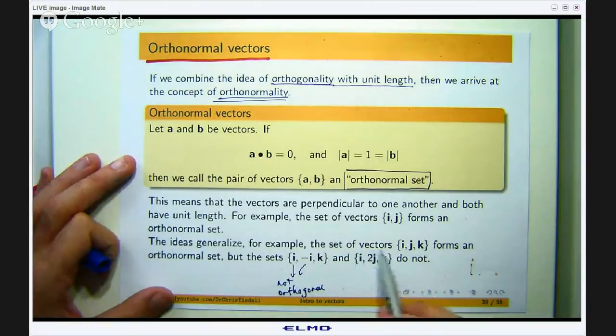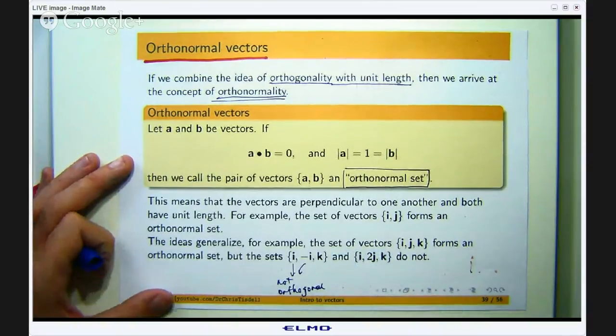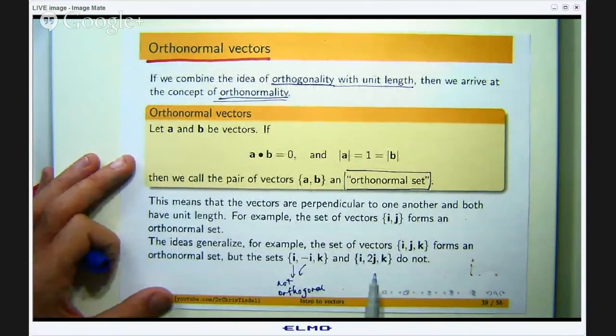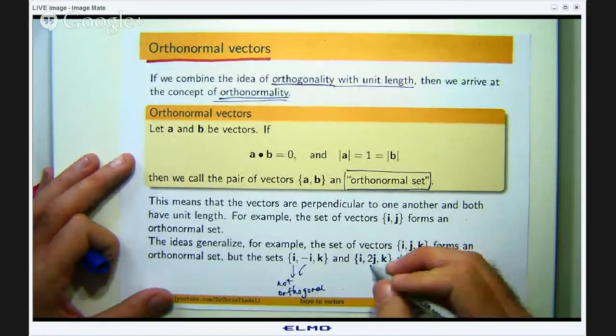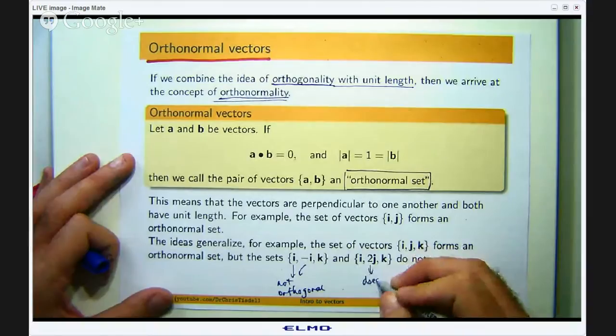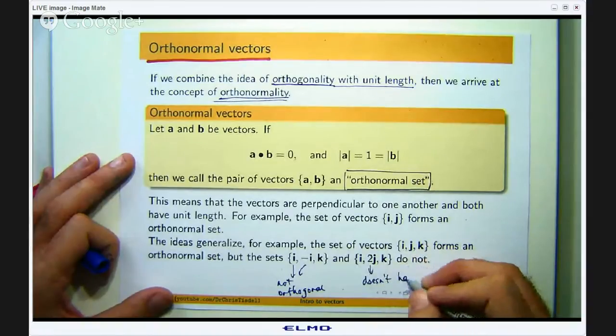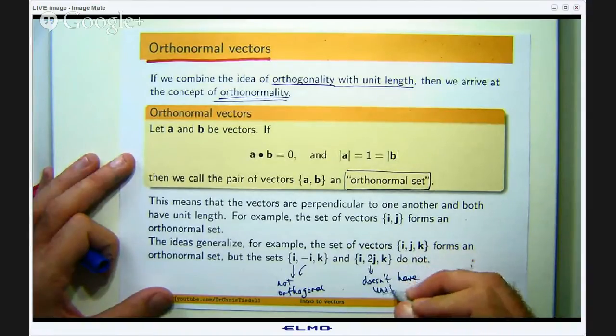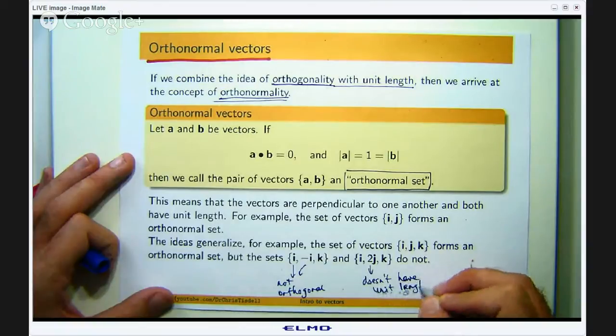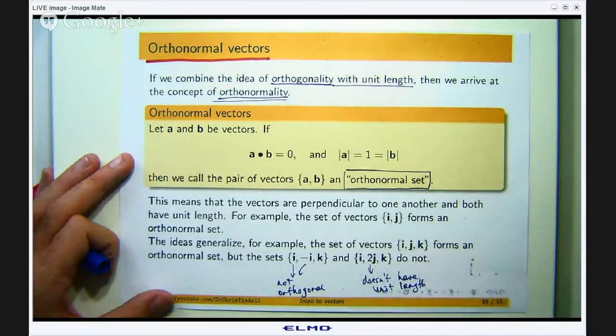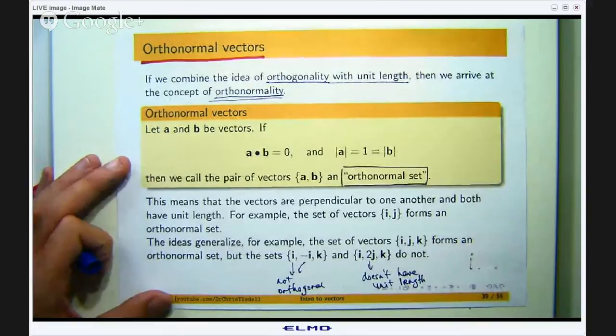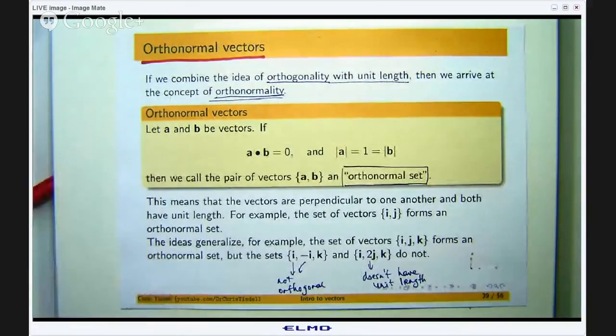What about this set here? Is that an orthonormal set? Well, each of the vectors is orthogonal to each other, but this vector 2j doesn't have unit length, or length equal to 1, because it has length equal to 2.